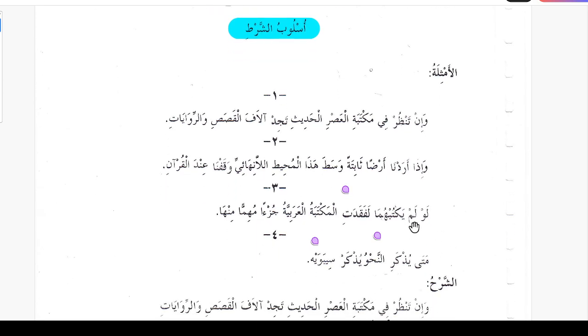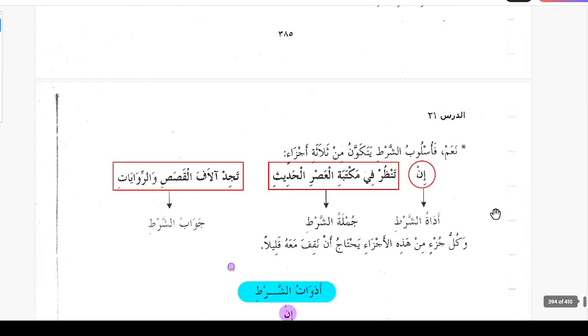If he did not write these two, then we would have lost, then the Maktabatul Arabiya, the Arabic library would have lost an important part of it. So now law is coming here. So now we're going to study about law.